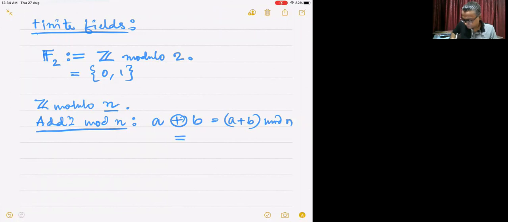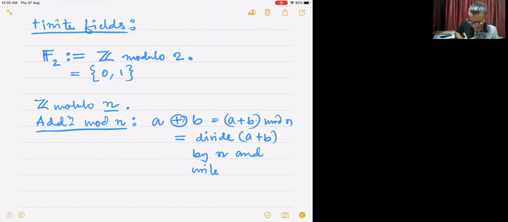I'm doing A plus B. So this by definition is: divide A plus B by n and take the remainder.